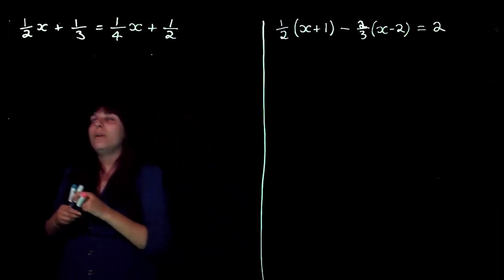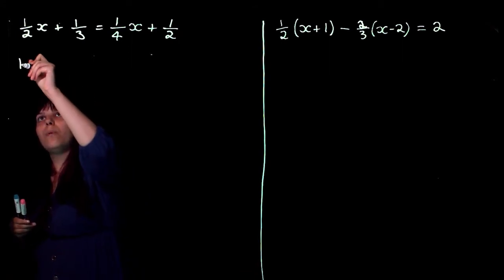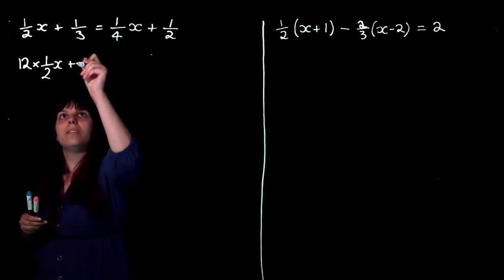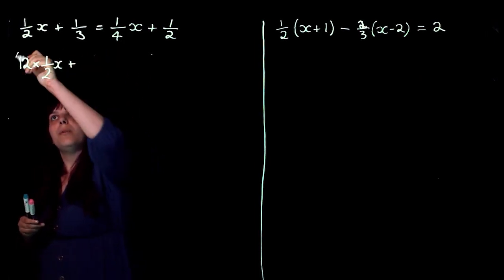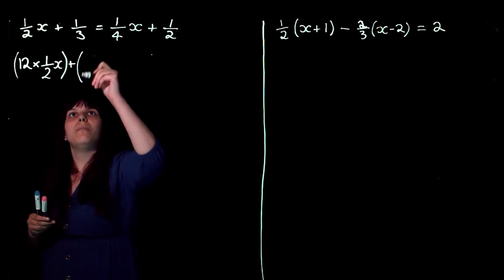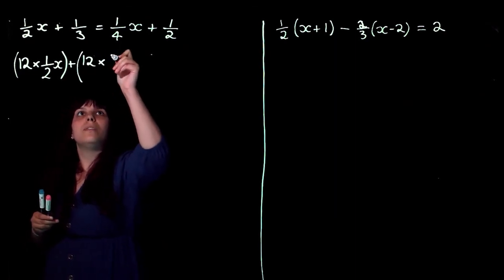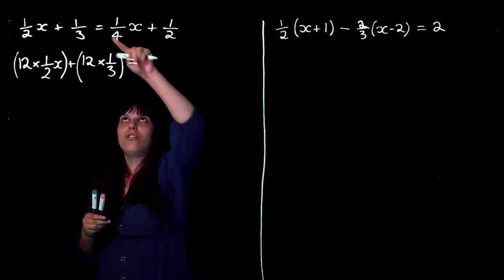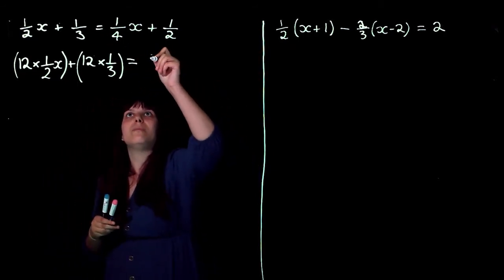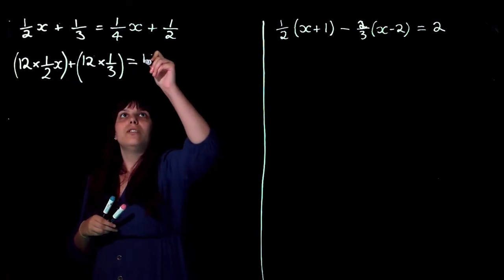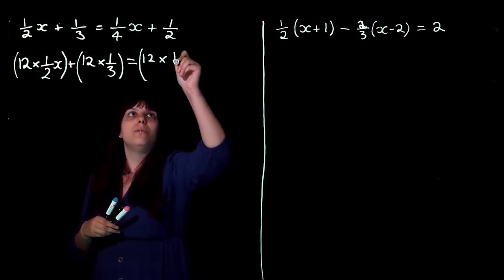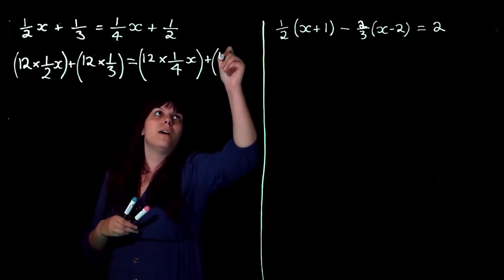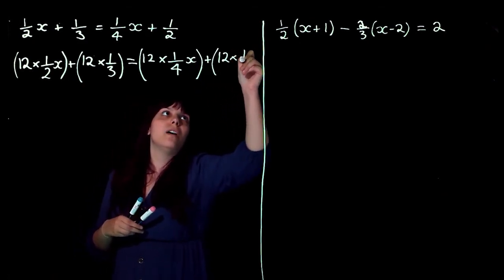So I end up with 12 times a half x plus, I'm going to put that in brackets just to separate them all, 12 times a third, which equals, and do try and keep your equals lined up, sorry I haven't got the space, 12 times a quarter x plus 12 times a half.